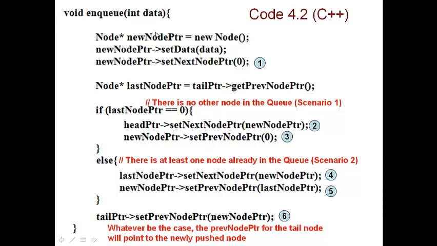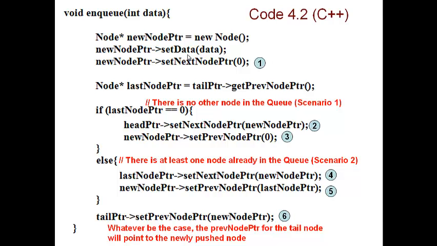In enqueue, you pass the data that you really want to enqueue. So new node pointer stores the address of the new node, and you set the data for the new node. Now remember, you're going to enqueue at the tail end of the queue. So there's no data node following this data node, and when you process the queue or the double linked list in the forward direction, starting from the head node, the node next to the head node is the node that is in the front of the queue.